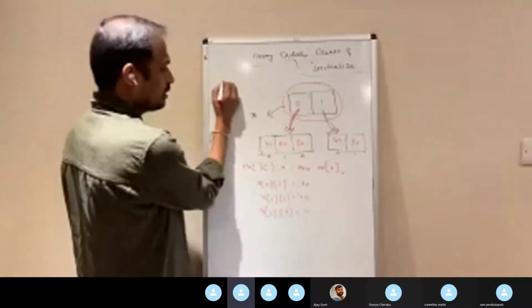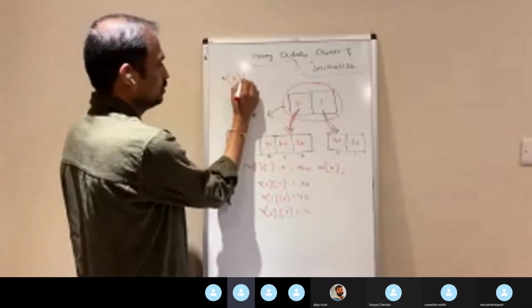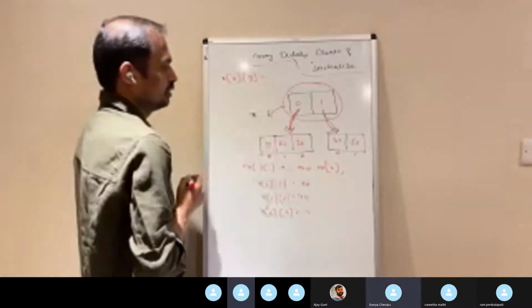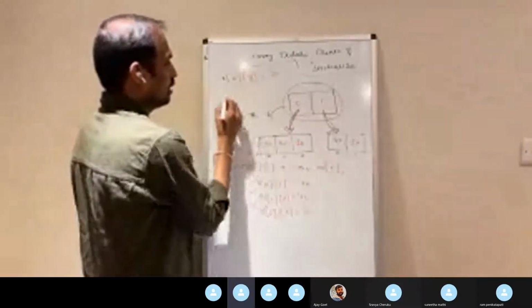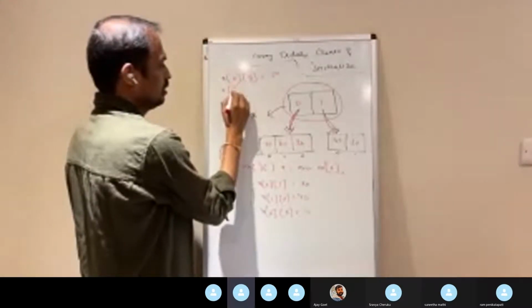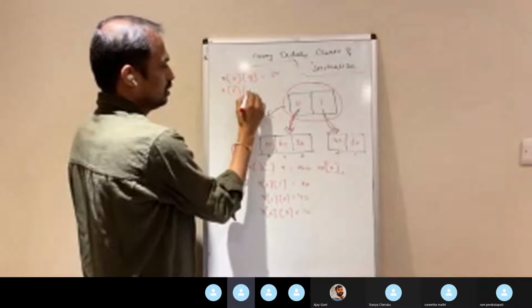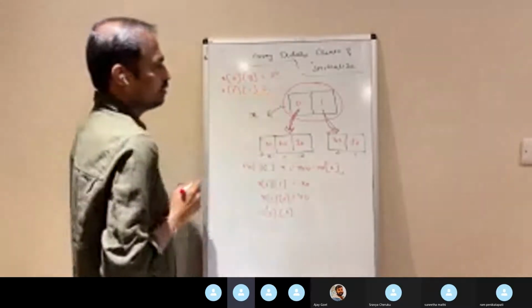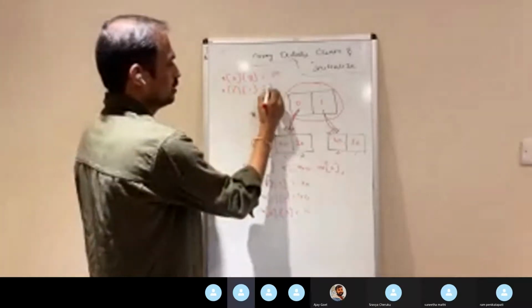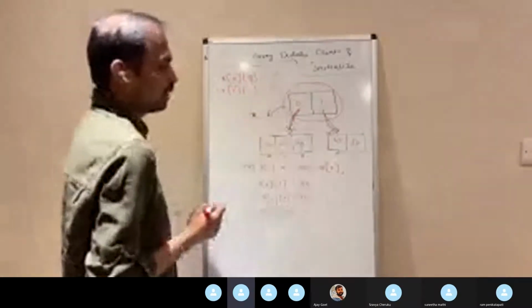Okay, what is the value of x of 0 of 2? 30. Are you able to understand how you are going to write? X of 1 of 1 is 50. So like this, we are going to represent an array.